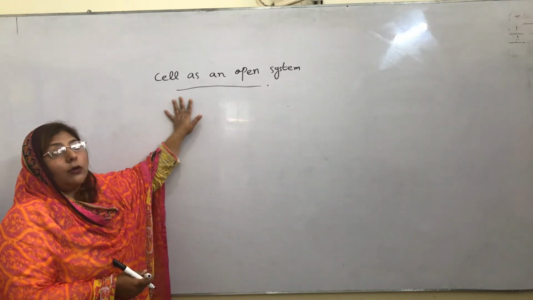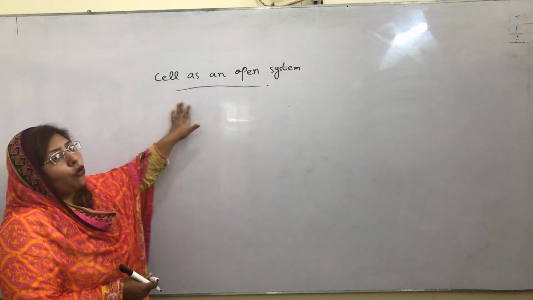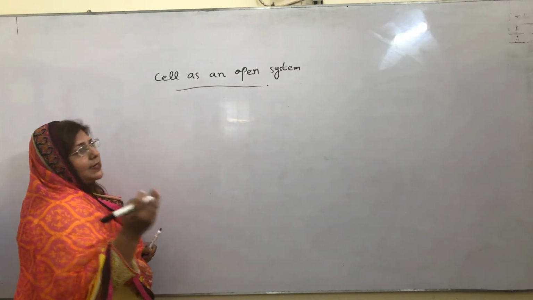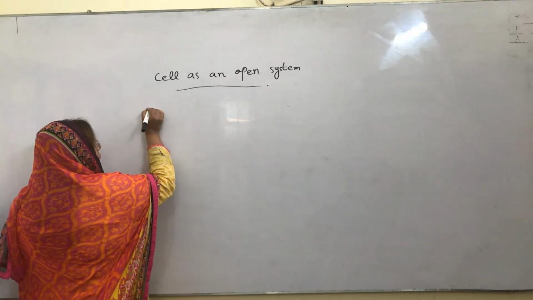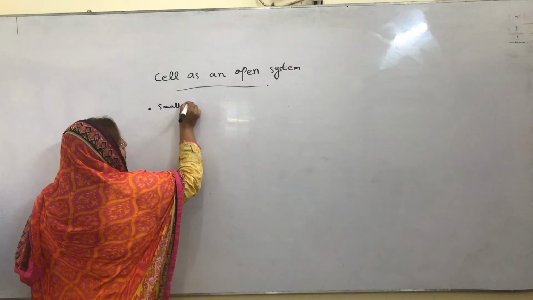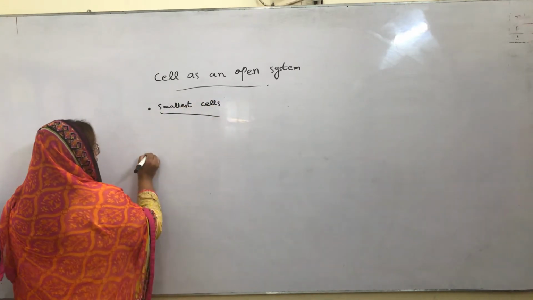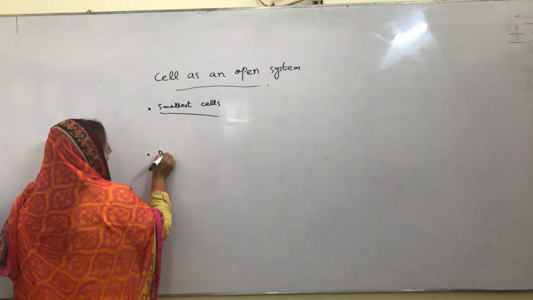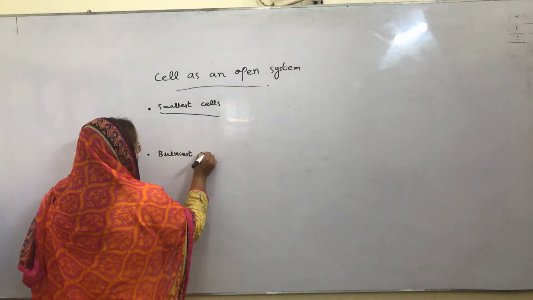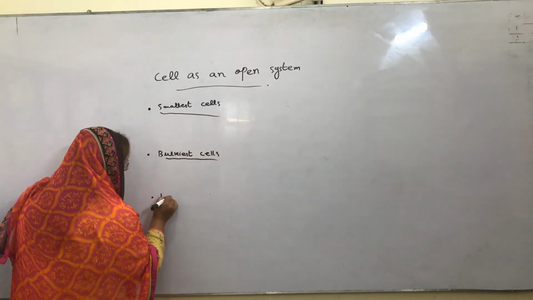And if we talk about the size of the cell and the volume ratio of the cell, we have three types of cells in our body. One is called smallest cells, second is called bulkiest cells, and third one is called large cells.